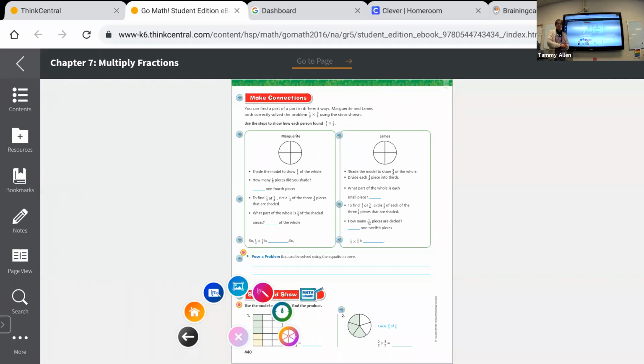I tend to shy away from circles because circles are hard to get equal pieces in. That makes sense?